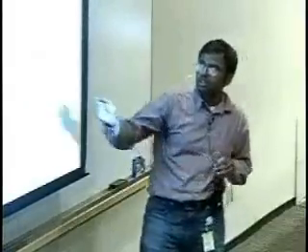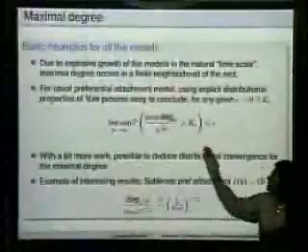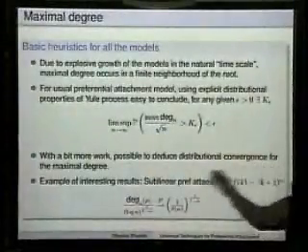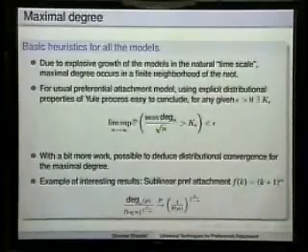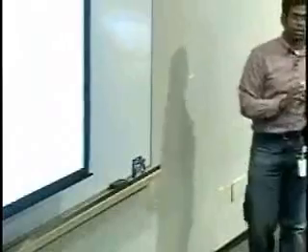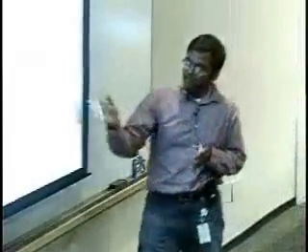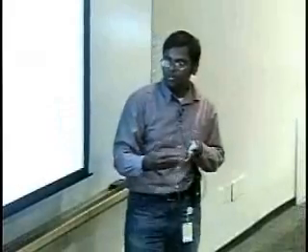For this particular case, this has also been analyzed by Mori in a set of papers, but using completely martingale type arguments. What you can also show is that the maximal degree divided by square root n converges in distribution to some random variable. So there's a distributional convergence for the maximal degree as well. These are somehow known results, but just using this entire technology, you get non-trivial limiting results.